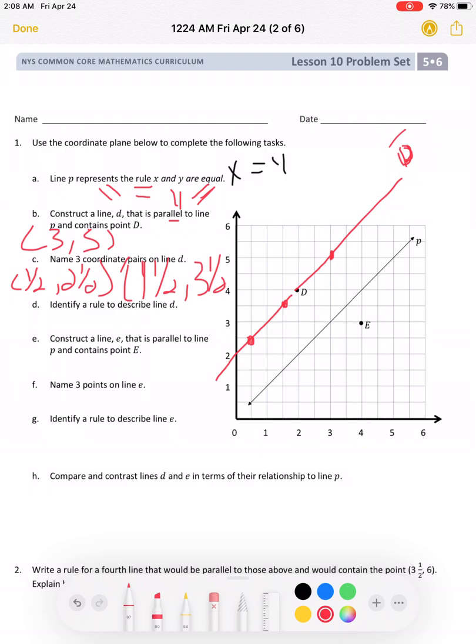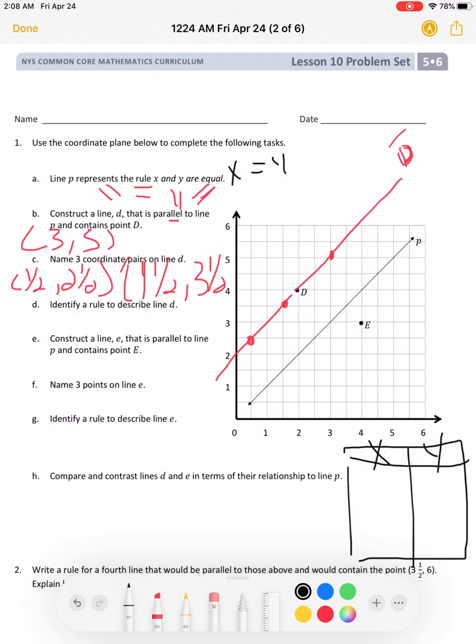All right, let's continue. It says identify the rule for line D. Great question, because I was wondering what rule they had here. It makes it a lot easier if we draw out our data points like we've done before. So I'm going to make a chart here. X goes here, y goes here.